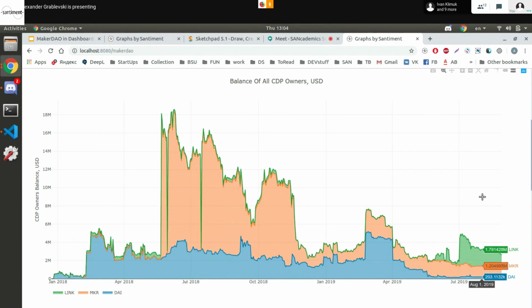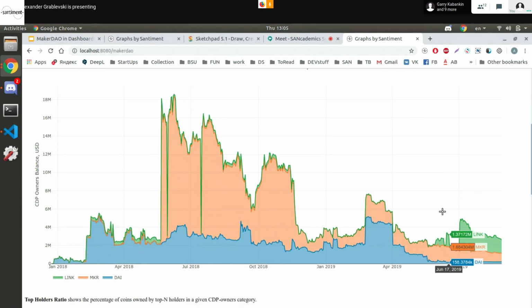So we see currently all CDP owners hold about 200k DAI, which is not so much, but they also have a lot of Maker, and that's actually a good sign for the Maker community, because I can say that at least 1 million Maker is held by the addresses that participate in the CDPs. So I can say that if the next voting happens, a lot of addresses that are actually interested in the Maker system will vote with their Maker tokens.